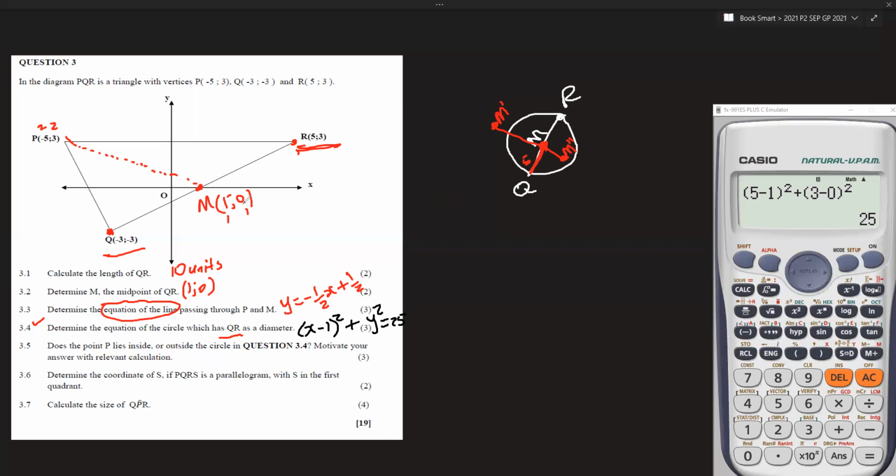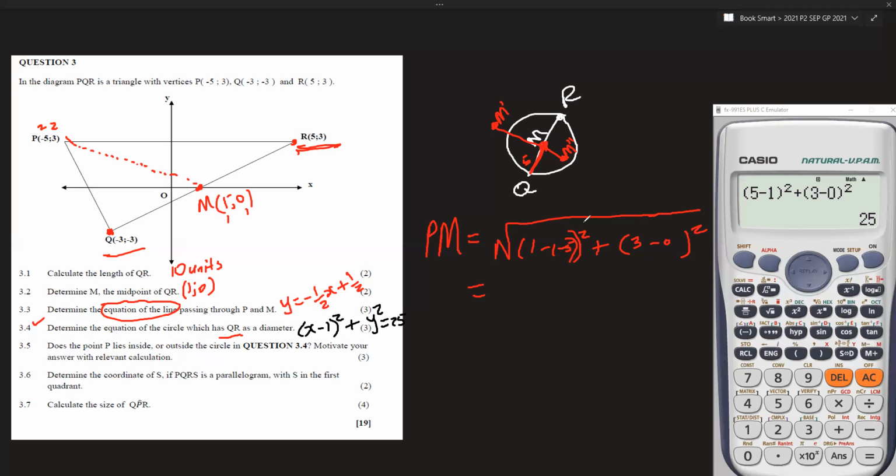So now I'm going to do the distance between P and M. The distance between P and M is equal to the distance formula, which I'm not going to write because we already have it written at the top. So my x1, minus -5. Then I close that bracket. And my y2 is going to be 3, minus 0.